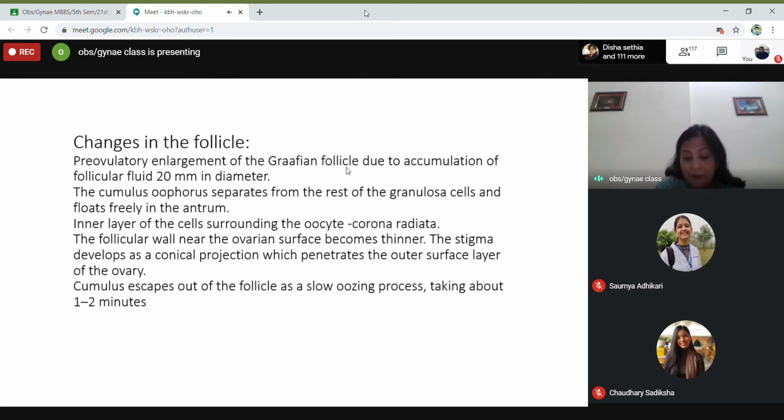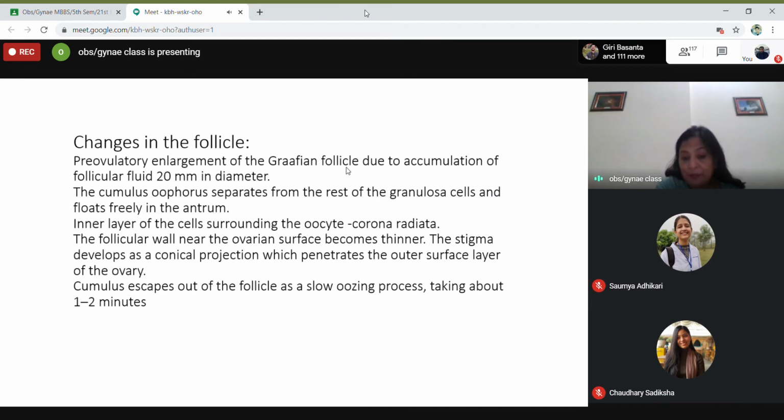These Graafian follicles start increasing in size due to accumulation of the follicular fluid. At the end, their size will be 20 millimeter in diameter. And the cumulus oophorus separates from the rest of the granular cells.